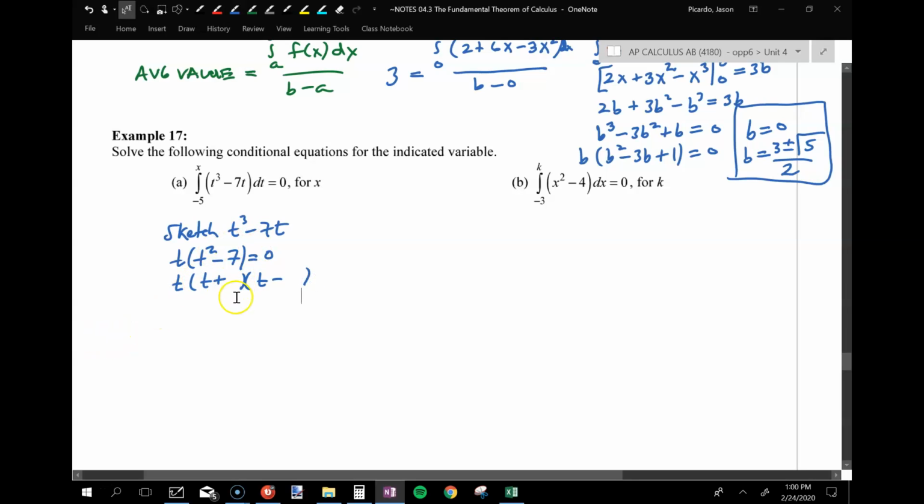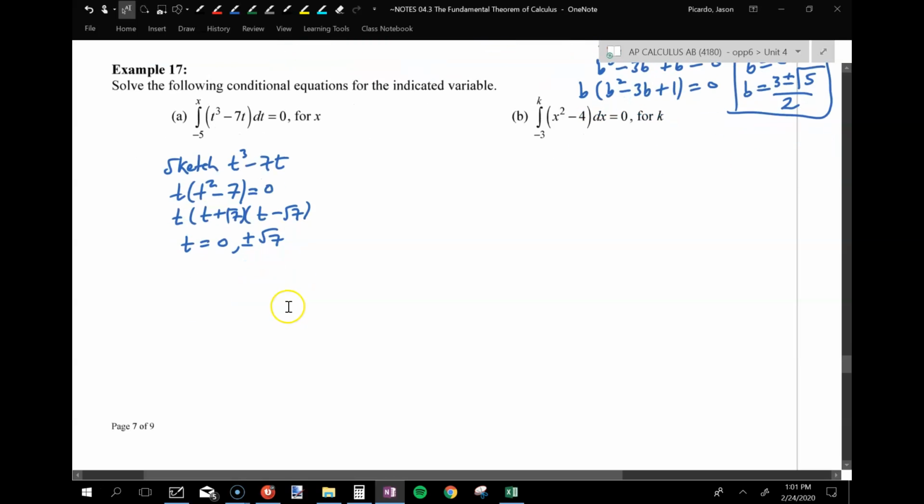If this was 9, what would go in the blanks? If this was 25, what would go in the blanks? Well, if it's 7, what goes in the blanks? Radical 7. So that means I have 3 roots. I have roots of 0 and positive or negative radical 7.